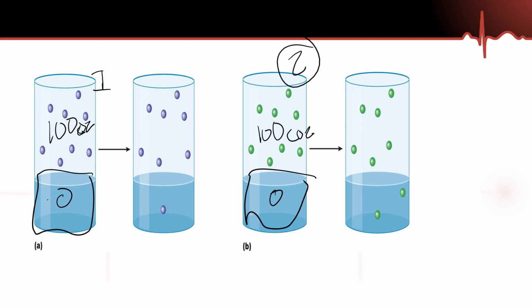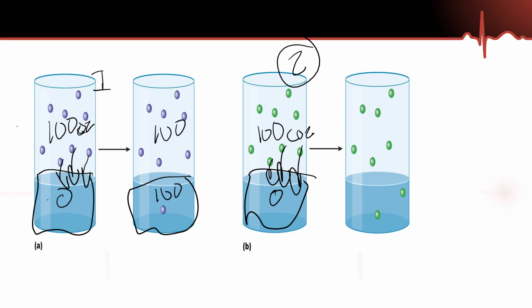So there's a partial pressure gradient in both cylinders, and what happens in the first cylinder, oxygen moves from the air into the fluid. In the second cylinder, carbon dioxide moves from the air into the fluid, right? Until they both reach equilibrium. When is that going to happen? Well, that's going to happen when the partial pressure of oxygen within the air is 100, and the partial pressure of oxygen within the fluid is 100, right?